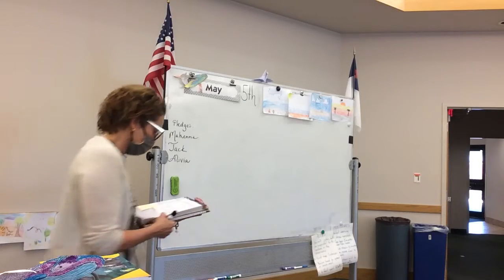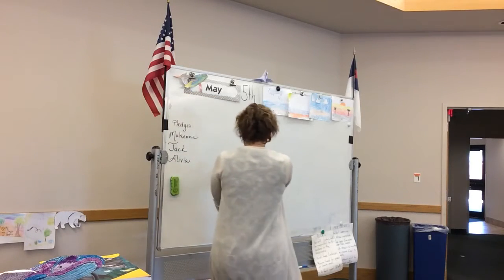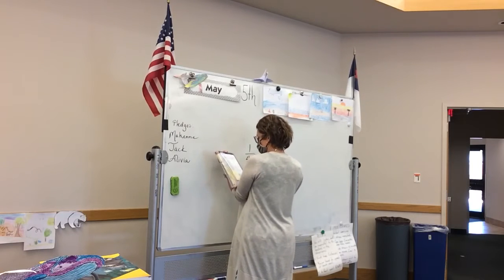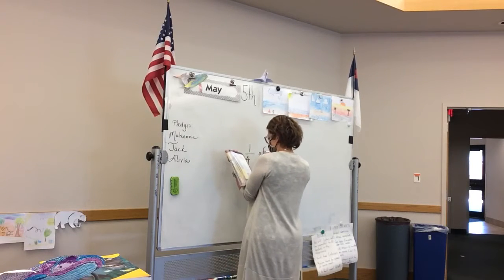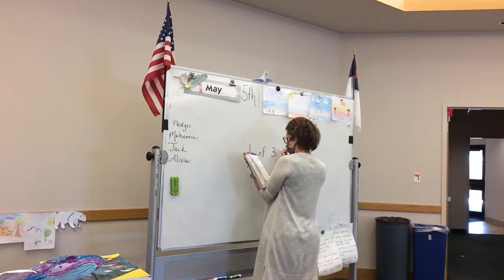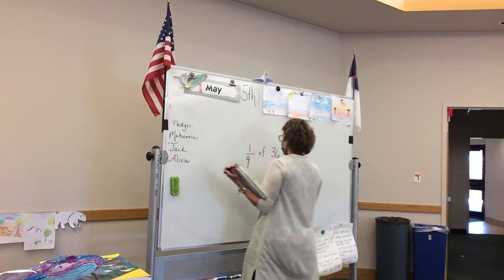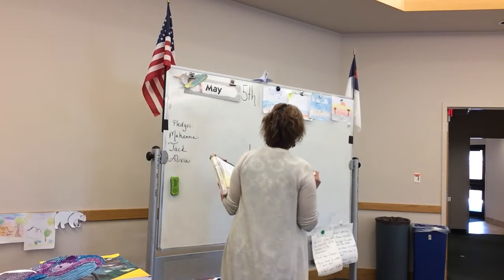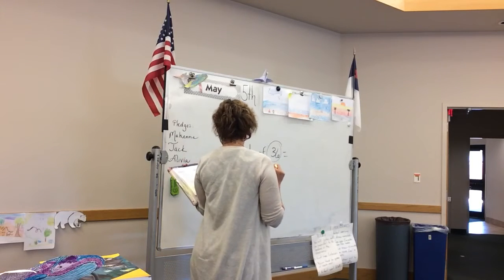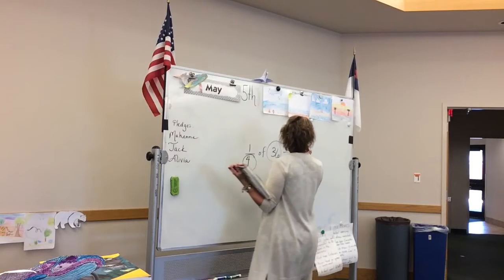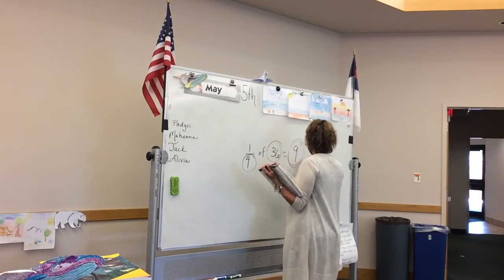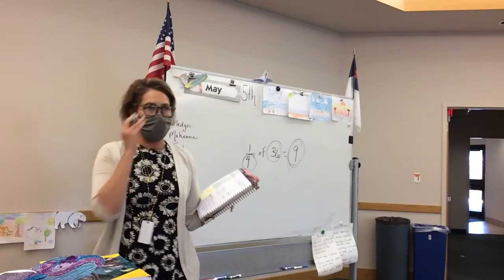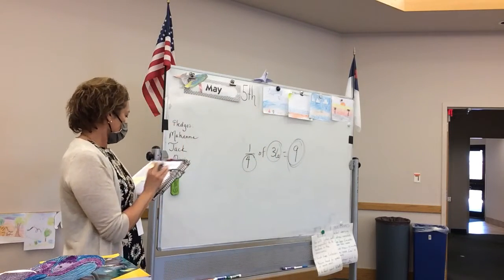All right, so what are we going to do first? I see a fraction with a whole number, correct? Yes. All right, so what is 36 divided by 4? 9. So that is your first answer, which would be 9 what? 9 pages.